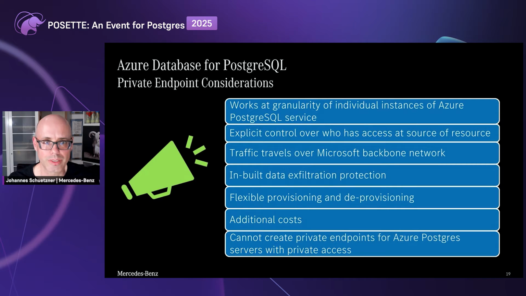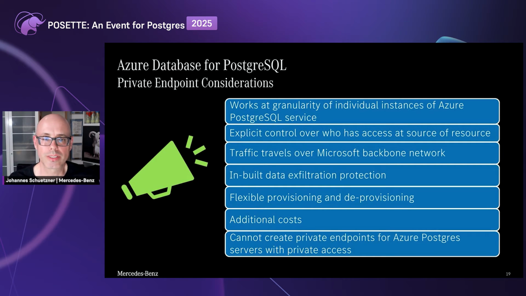So to summarize, there are some considerations for private endpoints. They look at the granularity of individual Postgres server instances. So not at the service level itself, but for each instance you can enable the private endpoint. You have explicit control also at the resource level. You can allow or disallow a private endpoint for a specific VNet.